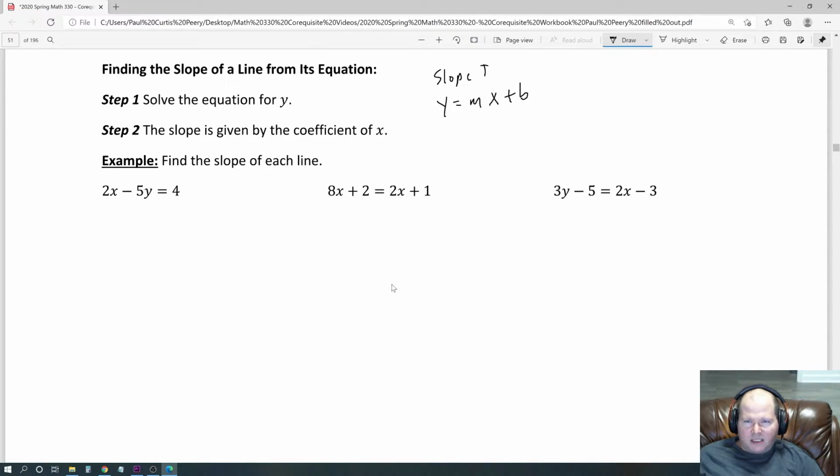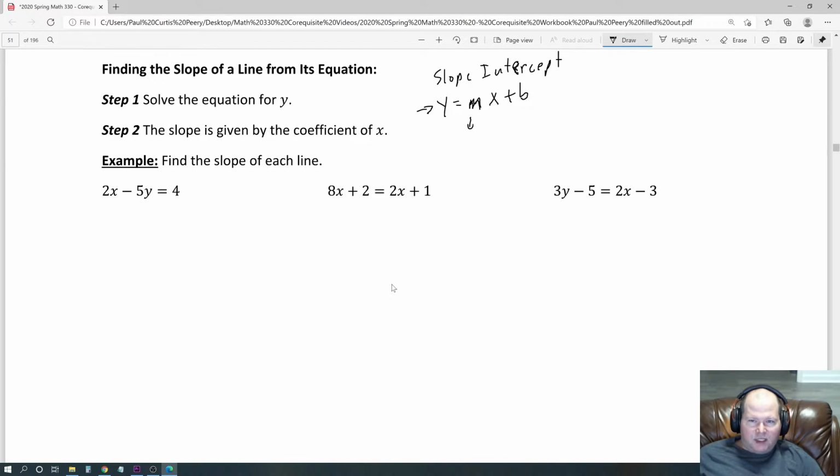And you really want to memorize the name of this, because it's going to be referenced by name on many problems. It's going to ask you to put something in this form. And all they're really saying is they want you to solve for y. Solve for y, right?